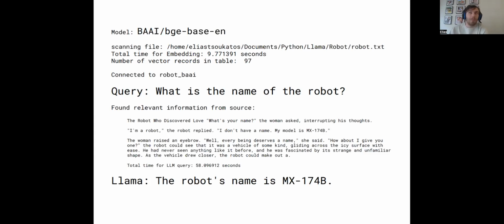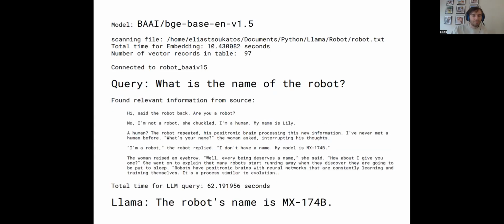So then I decided, what if I upgrade to the model that is supposed to be one of the top models? The 1.5 version is ranked among the best in terms of performance. I did the same: I created a new table using the model, called robot BAAI B1.5, since PostgreSQL doesn't allow me to put a point in the name.